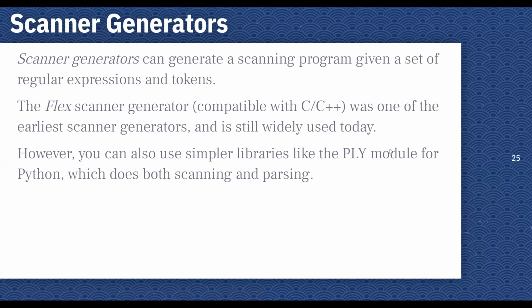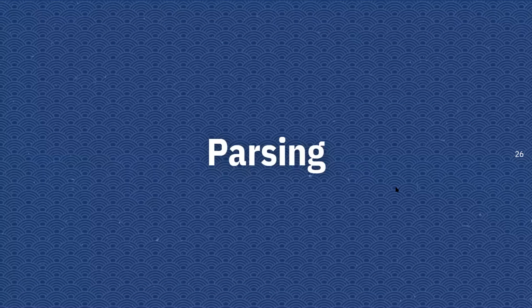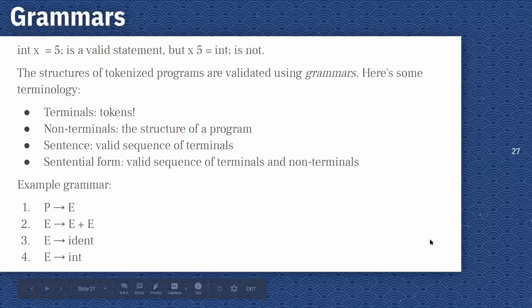Okay. So let's move on to parsing. int x is equal to 5 is a valid statement, but x5 is equal to int is not. So the way we validate the structure of tokenized programs is by using what's called grammars.